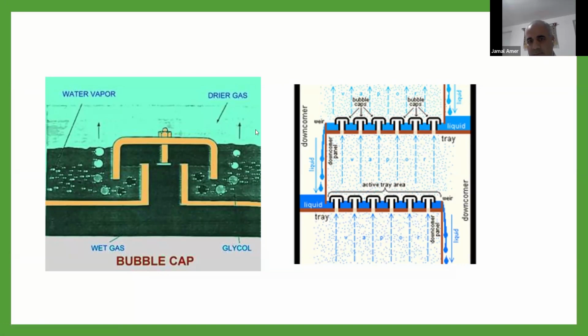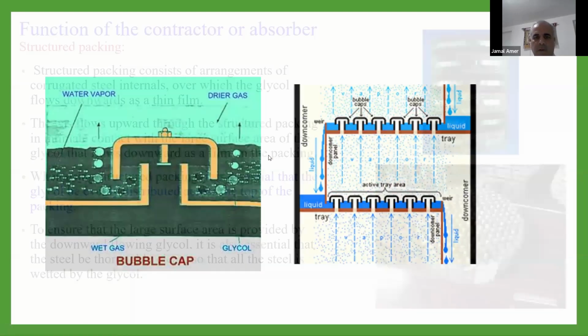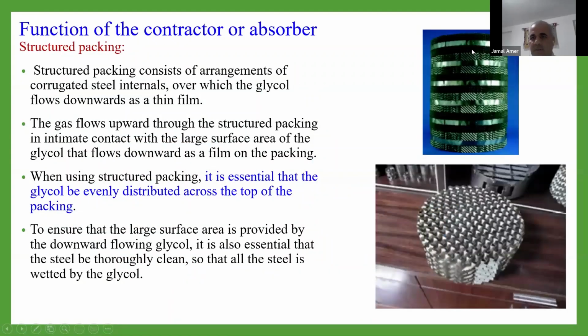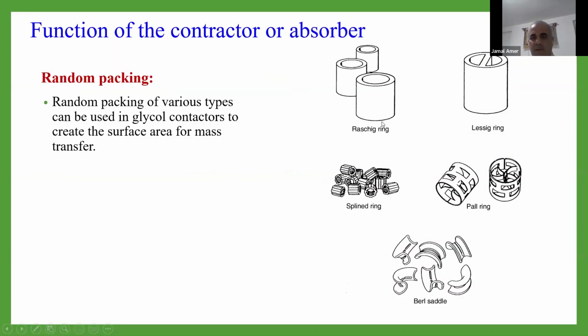So glycol will flow through the tray to the tray below. So it will affect the operation of the glycol unit. Here we have structured packing. This is structured packing, and this is random packing.